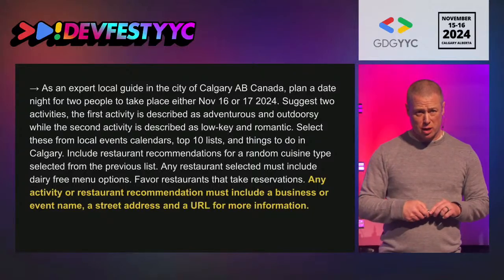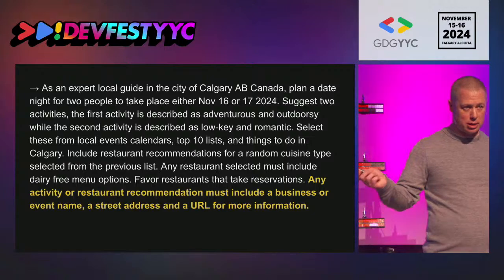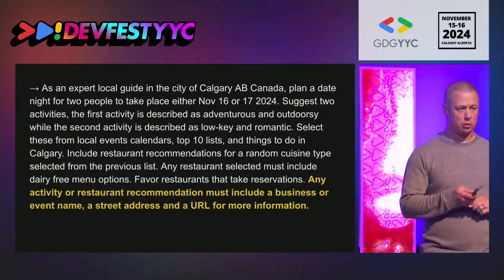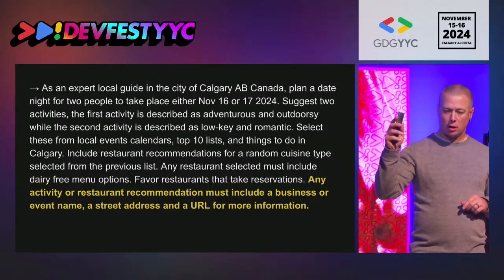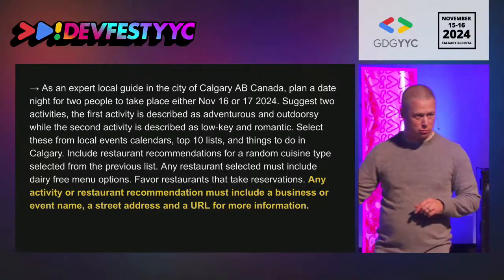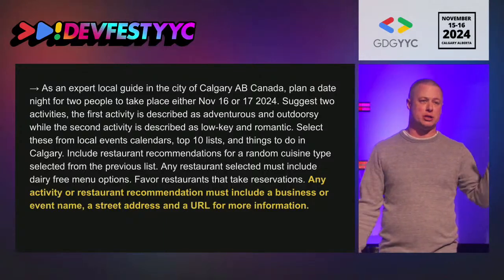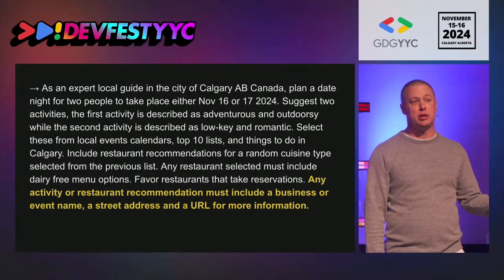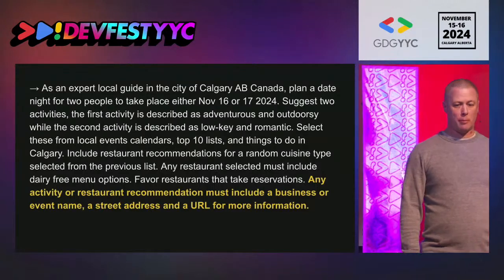Now, if I have a street address and a business name, Google Places API, right? I can test it real quick and find out if that is an actual real thing that I should show to the user. Same thing with all of the URL for information, right? Like I can test this and make sure that something actually comes back from the URL, right? I don't necessarily know if it's quite correct, but I can tell you that it's not made up because it doesn't 404. Make sense? Okay.